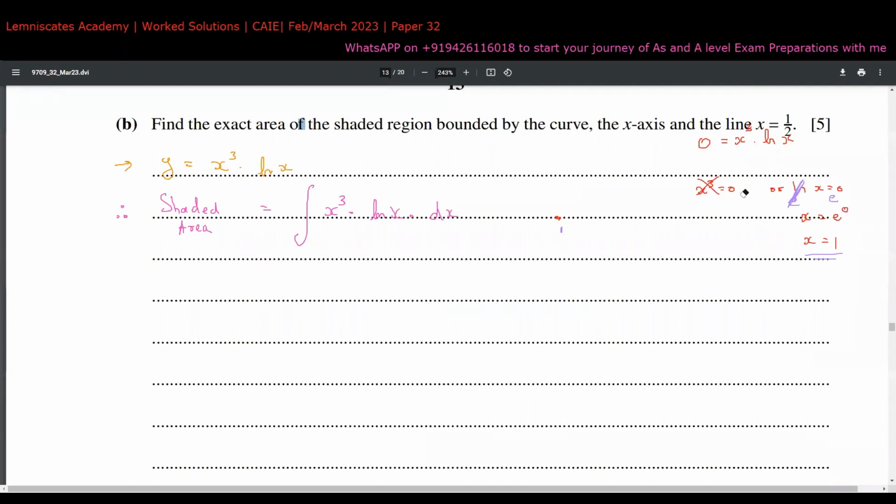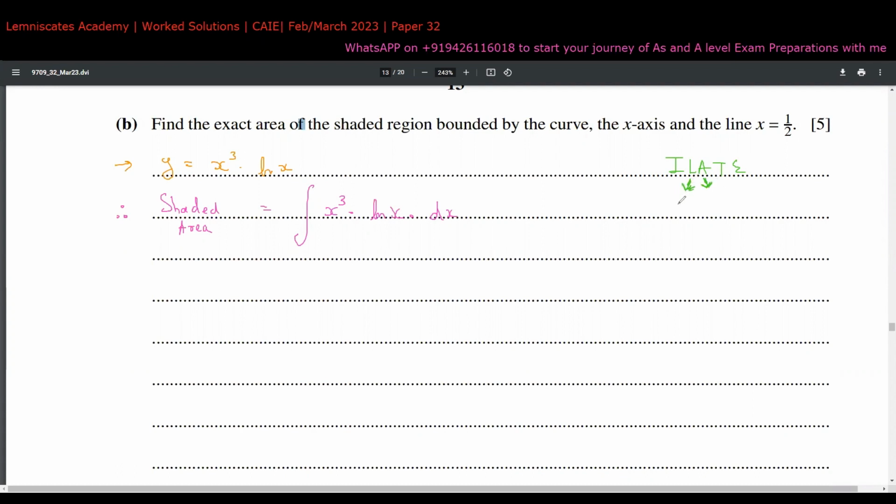Now, when this kind of thing appears, when two things are multiplied for the integration, we use integration by parts. The rule that you are going to use is the ILATE rule, where we can see that logarithmic terms come first, algebraic terms come later.